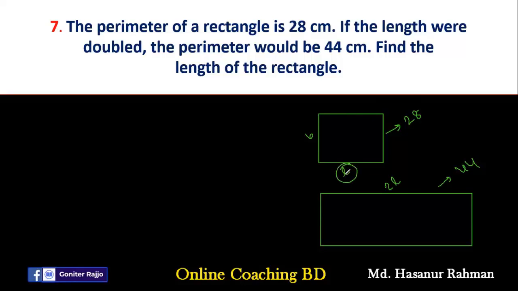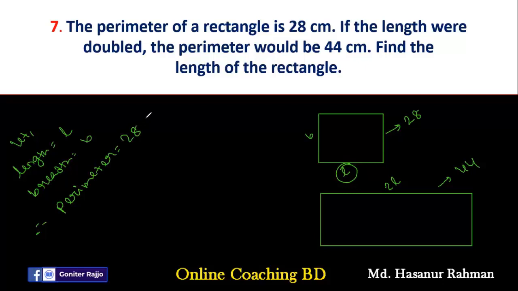So how can you solve this problem? Look, the first statement says the perimeter of a rectangle is 28 centimeters. So let the length of the rectangle be L and the breadth be B. Therefore, the perimeter is given, that is 28 centimeters. We know that in a rectangle, the perimeter is 2 multiplied by (length plus breadth).